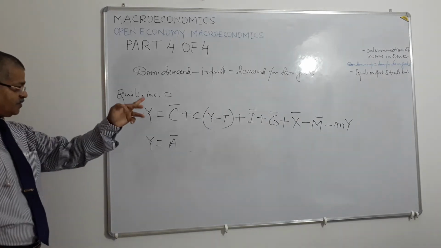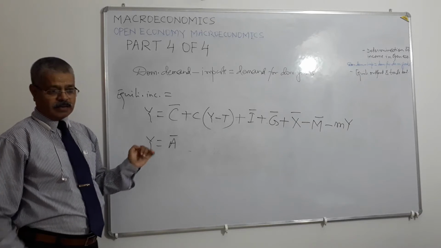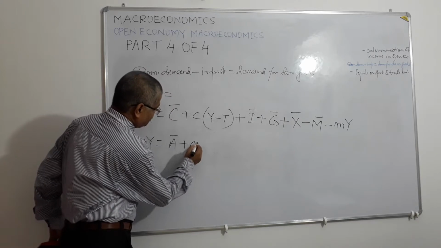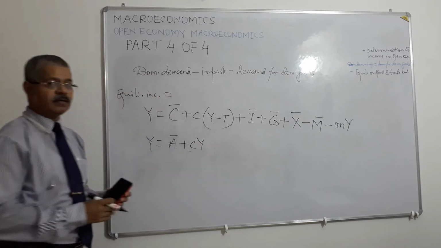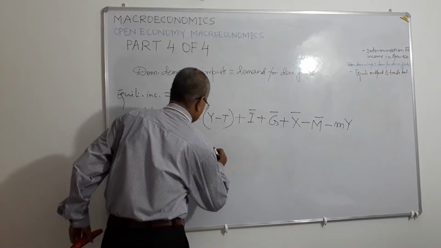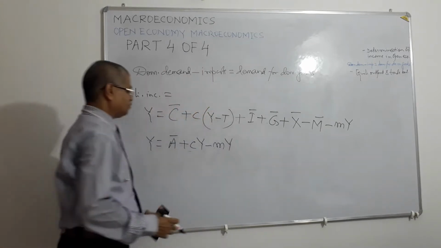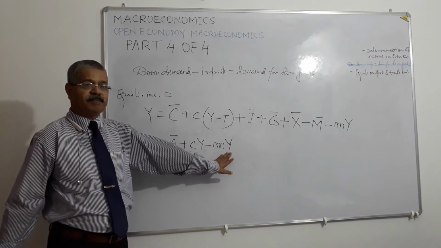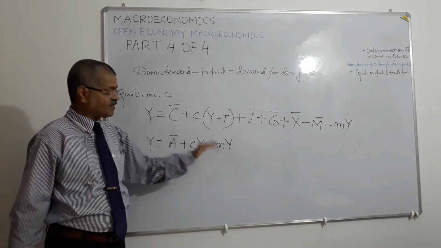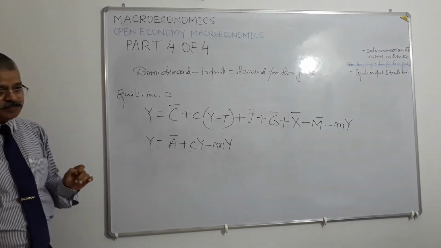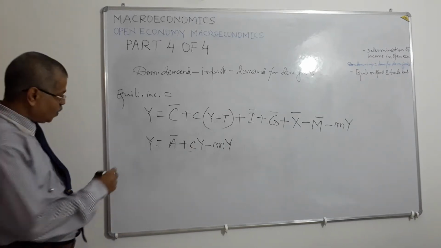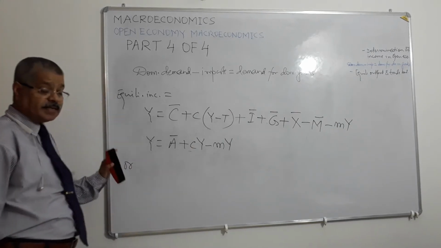Sum of all autonomous expenses here, A bar plus marginal propensity to consume multiplied by domestic income, minus marginal propensity to import multiplied by domestic income. This is Y is equal to A bar plus CY minus MY, or it can also be written like this.